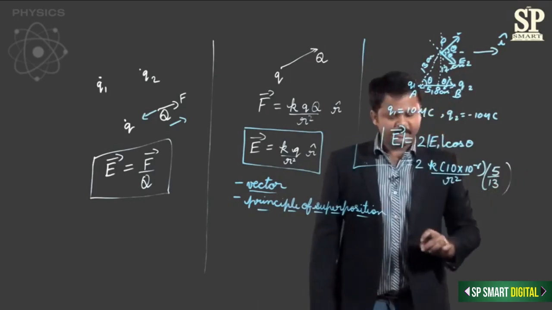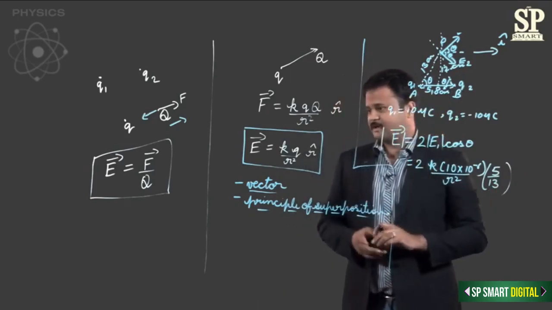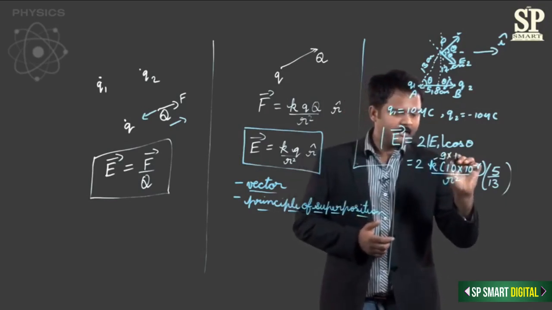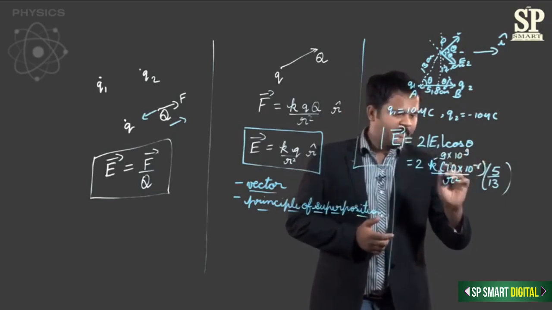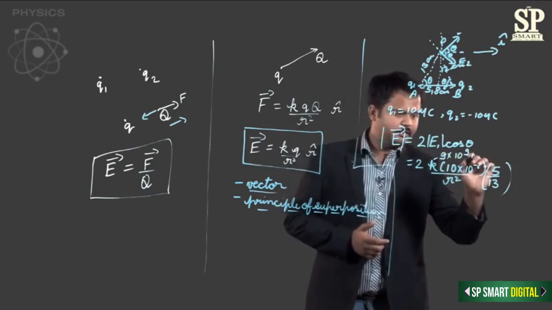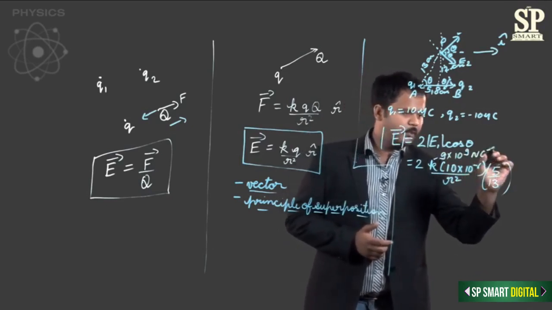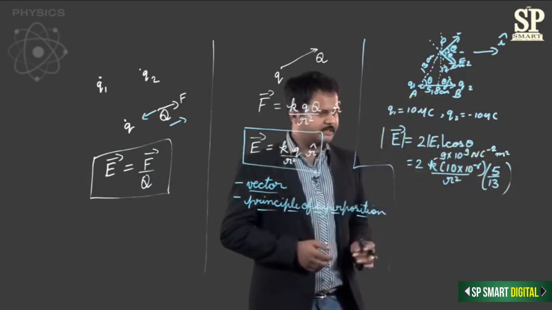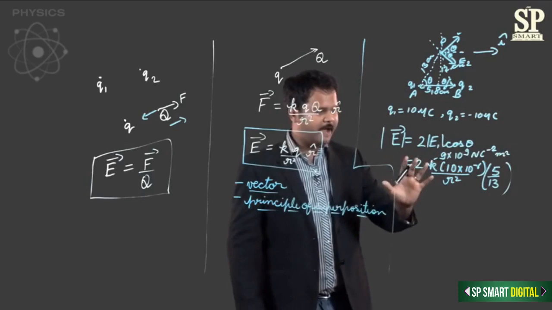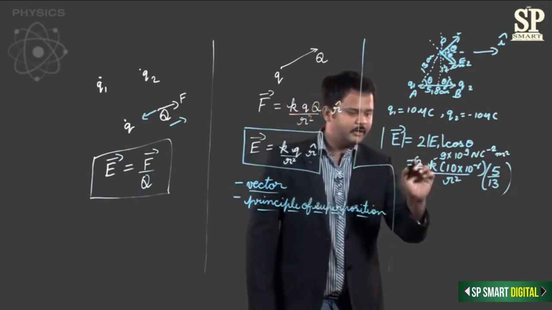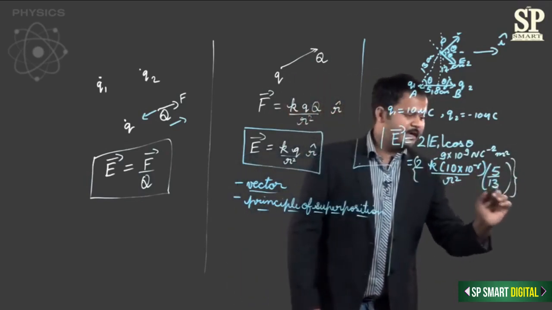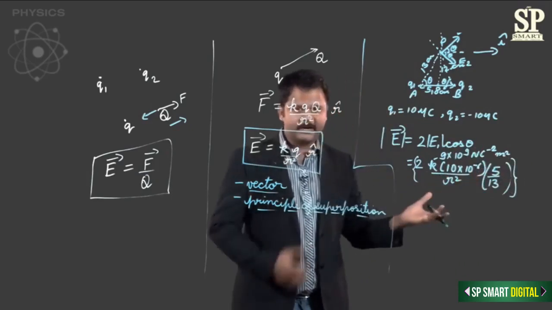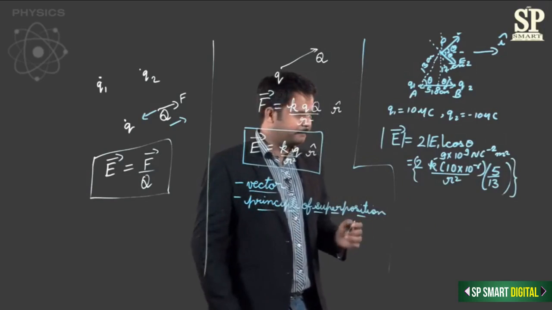I only have to substitute the value of k, which I already know, it's 9 into 10 to the power of 9. And then the units are newtons, coulomb inverse square, and meter square. But I don't need to concern myself about the units here. I will directly write the consolidated units. I'll just ensure that I write everything in SI units so that the eventual consolidated unit is also the SI unit.